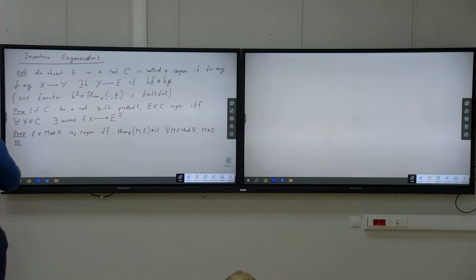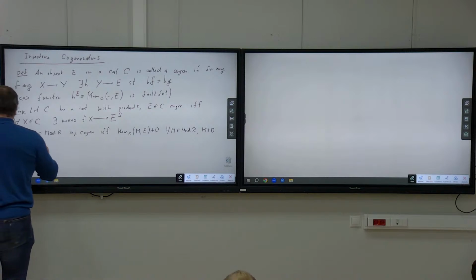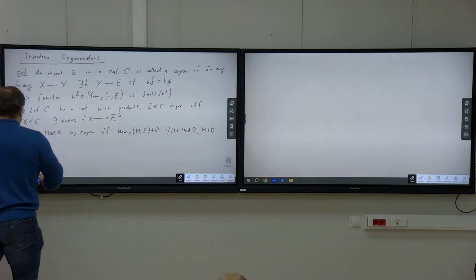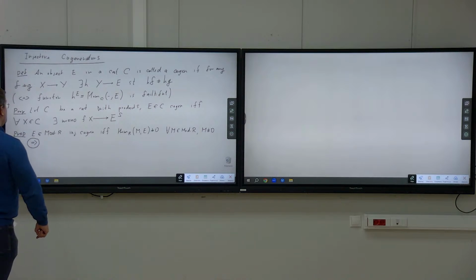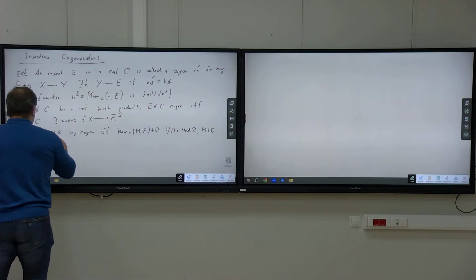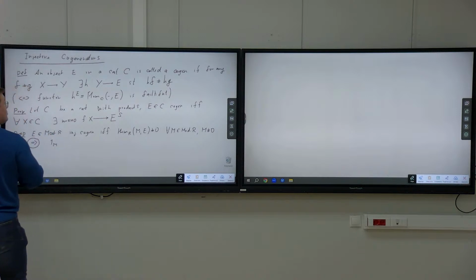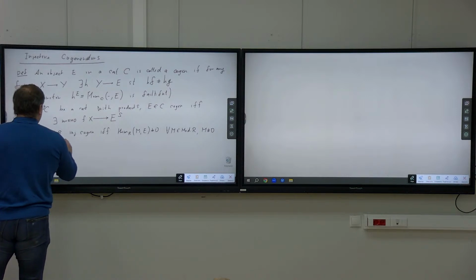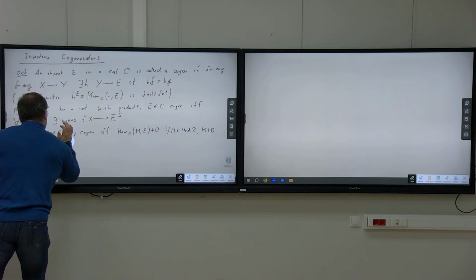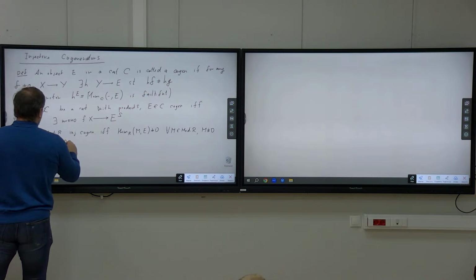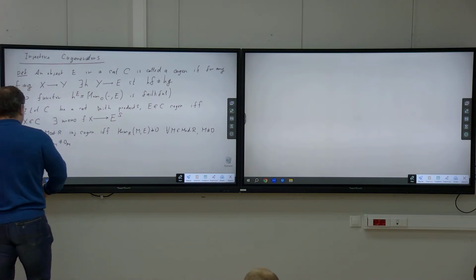So in one direction, if you know that this is an injective object and a cogenerator in the sense that I defined above, well, in the additive setting, we can always take one map to be equal to the zero map. So in this case, I'll take the identity map and I also take a zero map on M. These are two different maps.